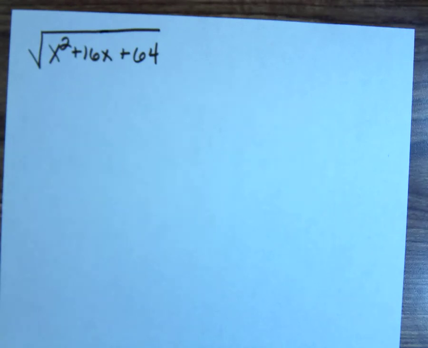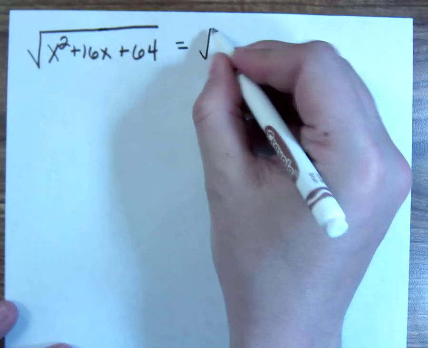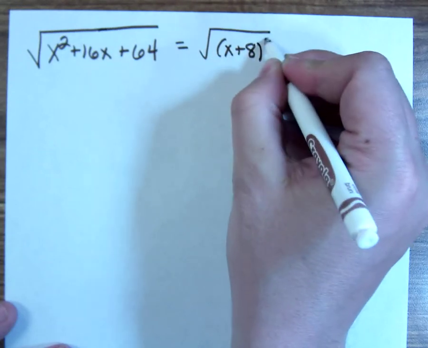We are going to factor. Look how cool that is. That will factor perfectly. What will x squared plus 16x plus 64 factor into? It's x plus 8 times x plus 8, also known as x plus 8 squared.